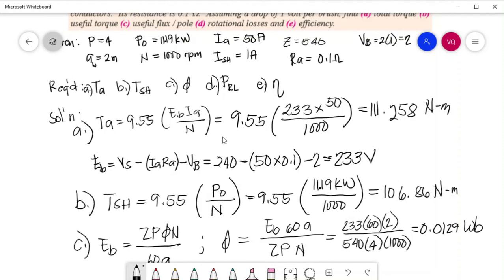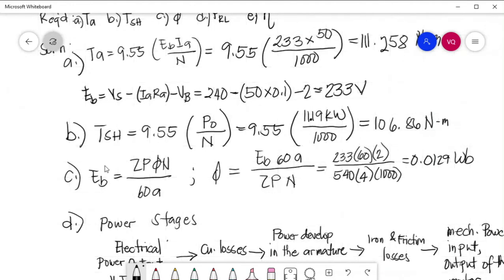Ta now will become 9.55 times 233 times 50 divided by 1000. So armature torque is 111.258 Newton meter.